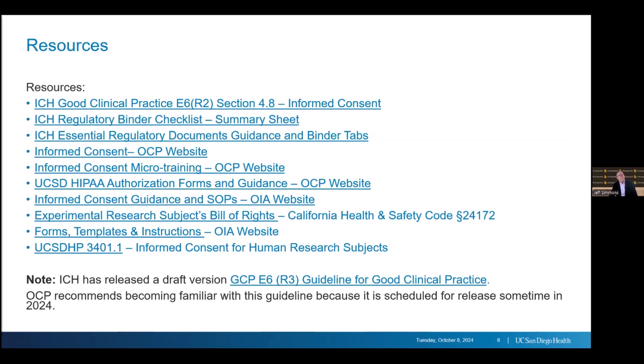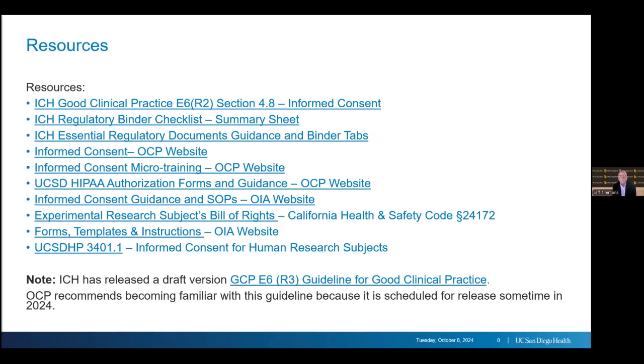And I provide these to you because I think they're valuable resources and information specific to this topic. The ICH GCP guidelines, I think the first three there provide a lot of information that can help, where, what, and how consent documentation should be conducted and filed. The next couple have to do with OCP and OIA.